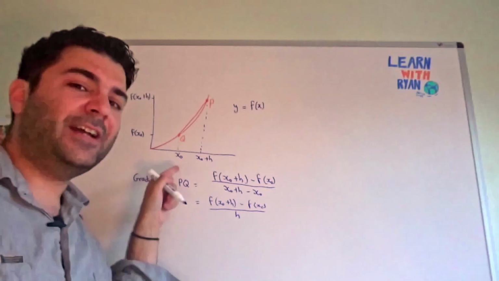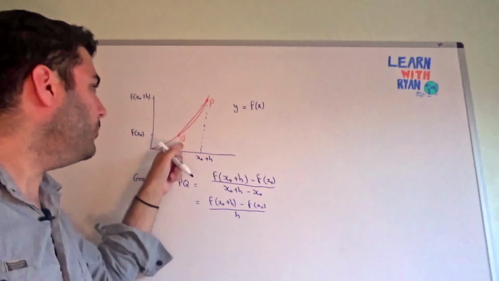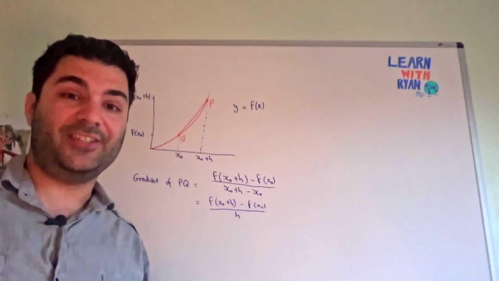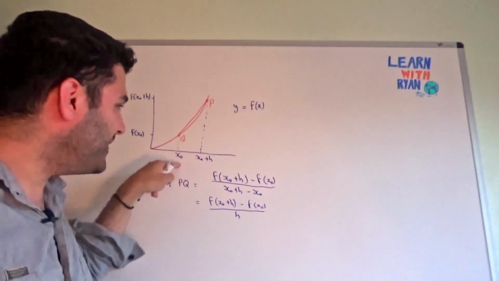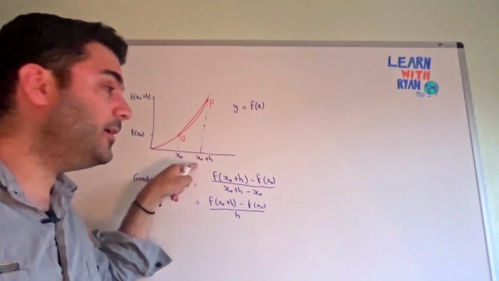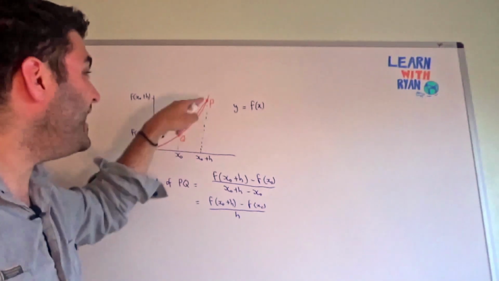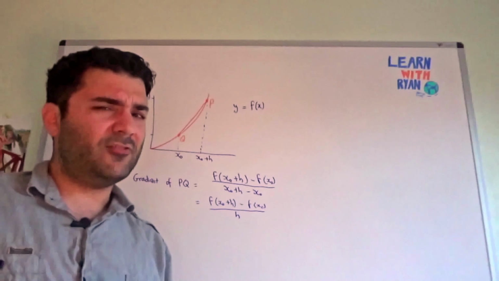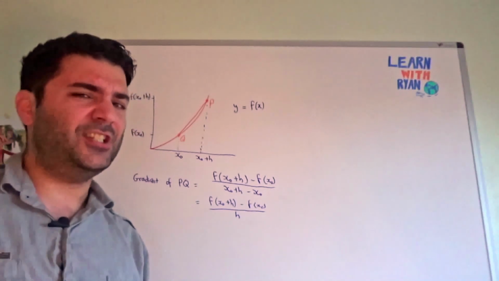What must the value of h be when Q is the same as P? Well, h must be equal to 0, because this distance here must be 0 in order for point Q to be equal to point P. Now what problem do you think arises when h is 0?